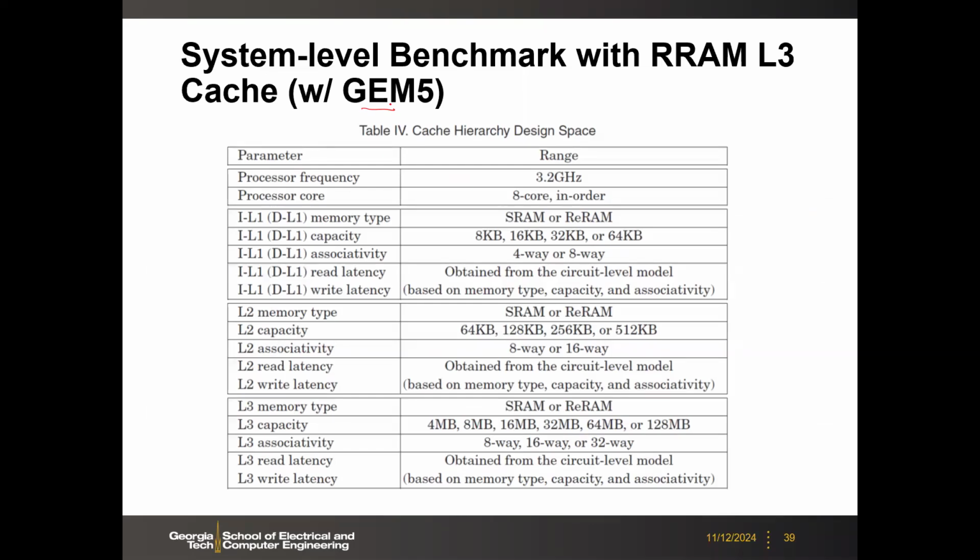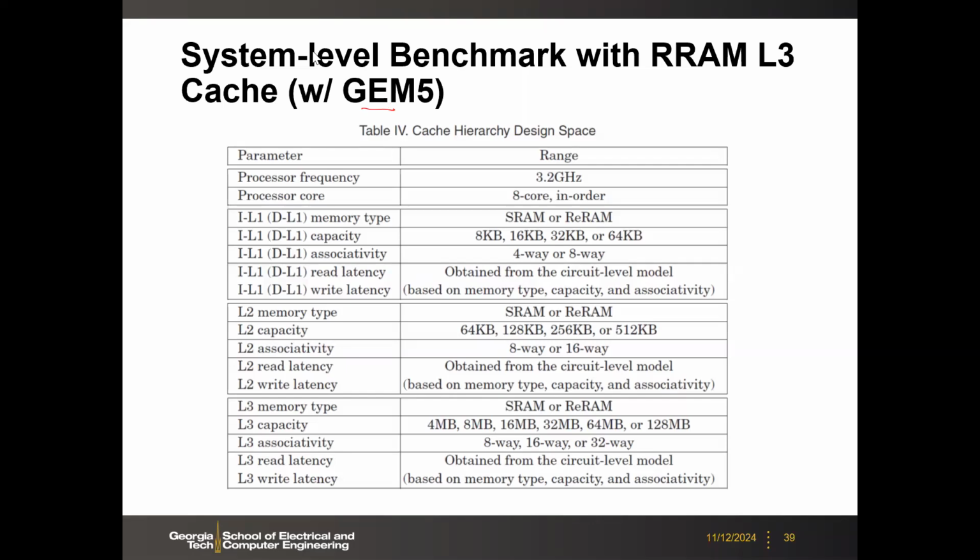But if you go to the computer architecture community and look at the papers from ISCA, HPCA, MICRO, and so on, when they benchmark the CPU workloads, especially with different cache designs, they will use this gem5 simulator. And it's a cycle-accurate trace-based simulation. It will analyze the data access pattern, how many reads, how many writes, depending on your workloads, applications.